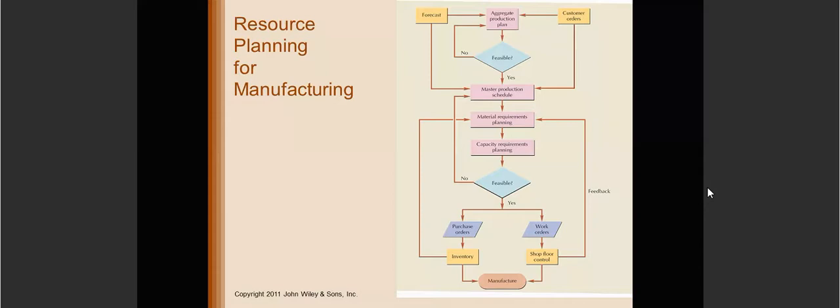The work order gives information to the production department on what product to be produced in what period of time. If there is a shortage of inventory during the process, a purchase order needs to be made to support the production process.